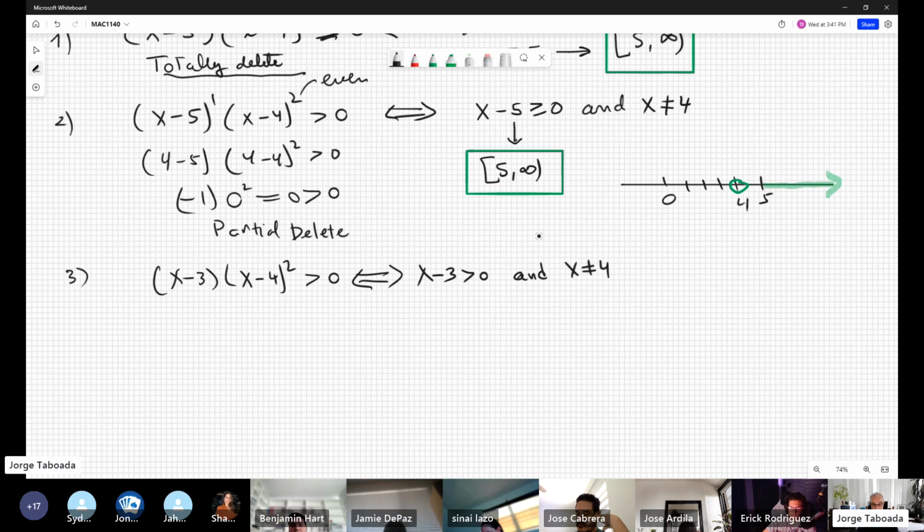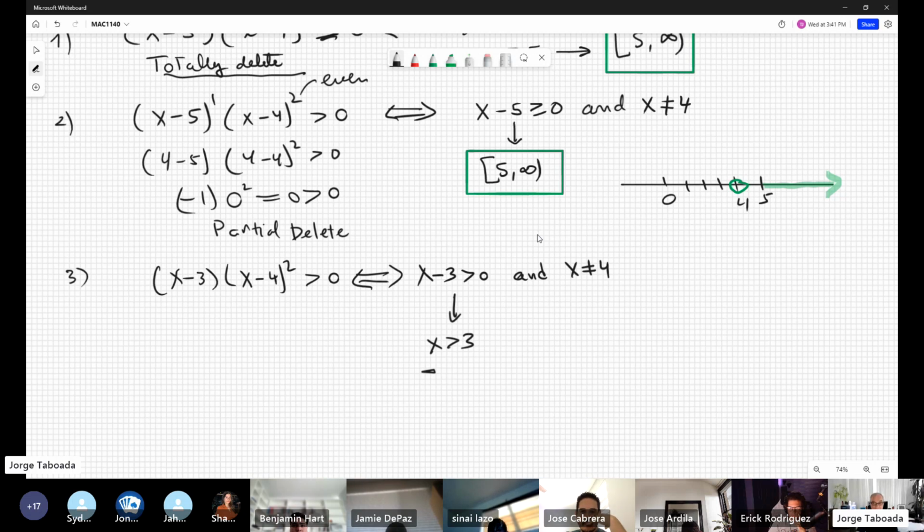What is the only difference? When you solve this inequality, x greater than 3, this inequality represents the interval from 3 comma infinity, and 4 as a hole. So our representation graphically looks like that.